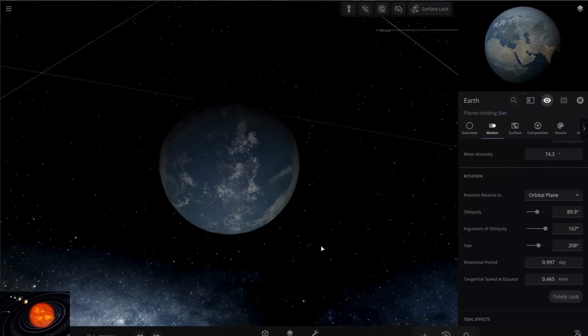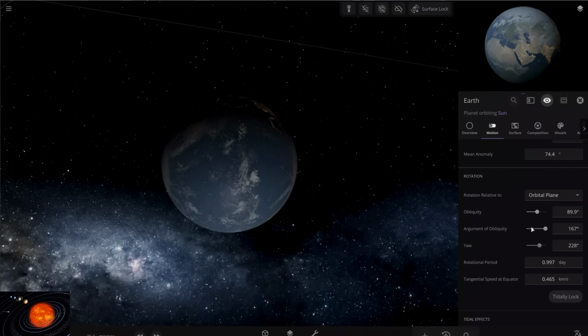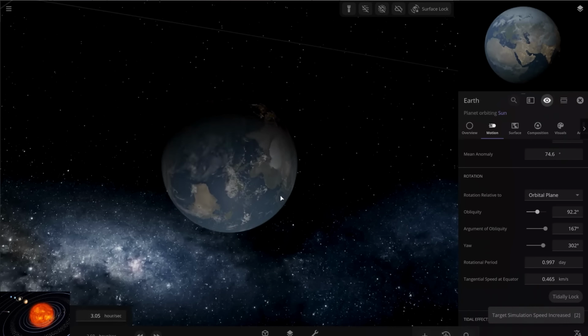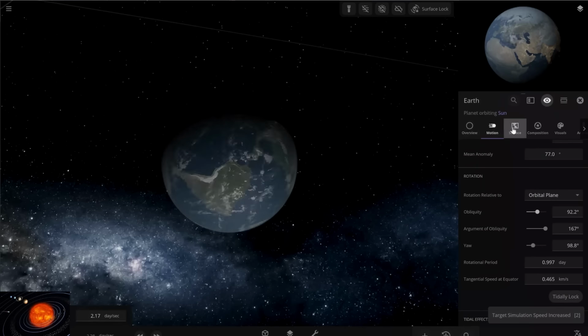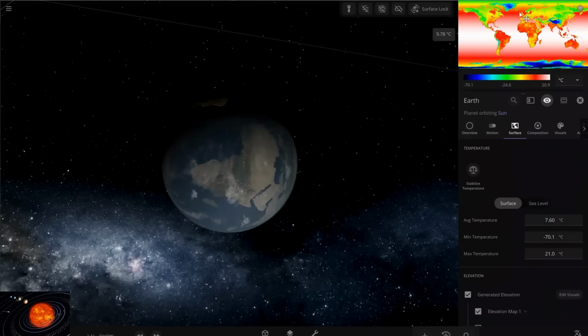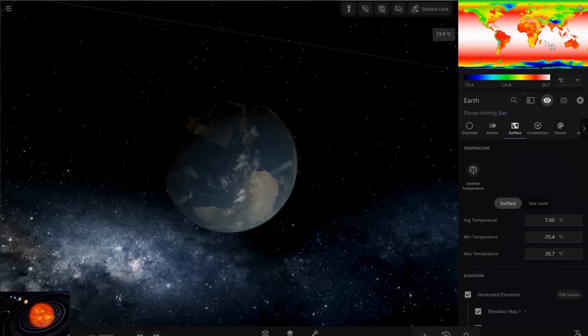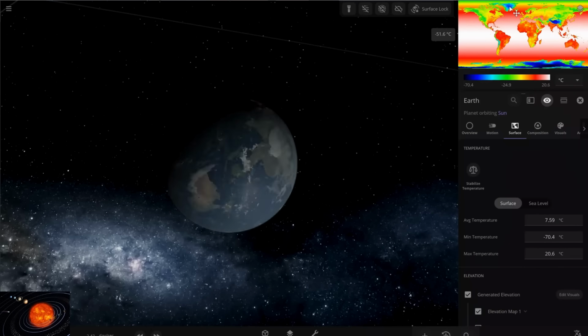For example, let me show you something right now. This is around 90 degrees. I'm increasing the simulation speed, and see what's going on on the Earth. With 90 degrees, I think the seasons are different somehow, and the temperature would be different on the Earth.